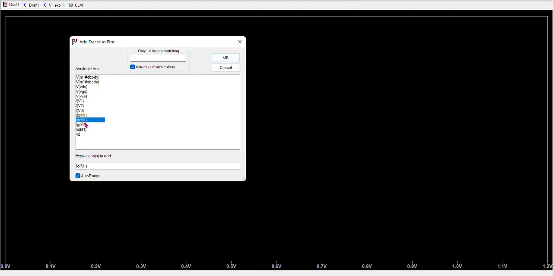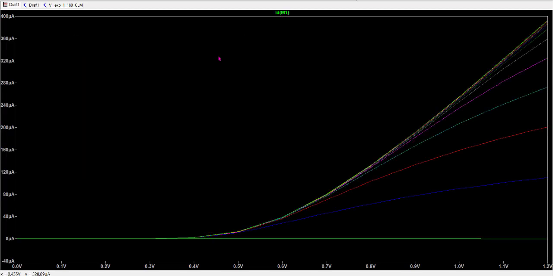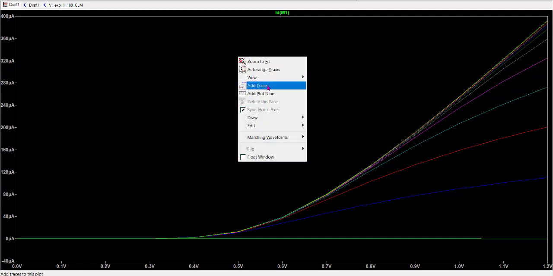You can see ID of M1 is written. M1 is the MOSFET. So if I click OK, you see this is how the input characteristic looks. Is it clear? Right. Now it is showing different values, in different colors. So let us see what those colors are.